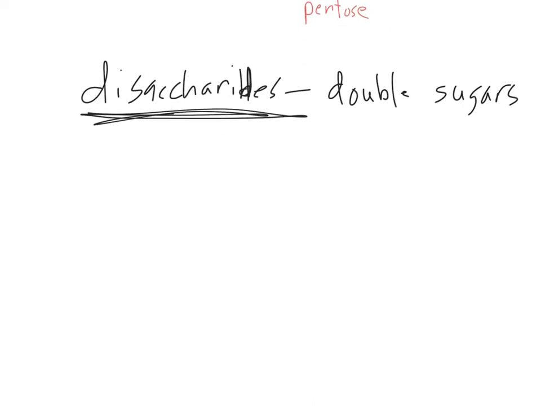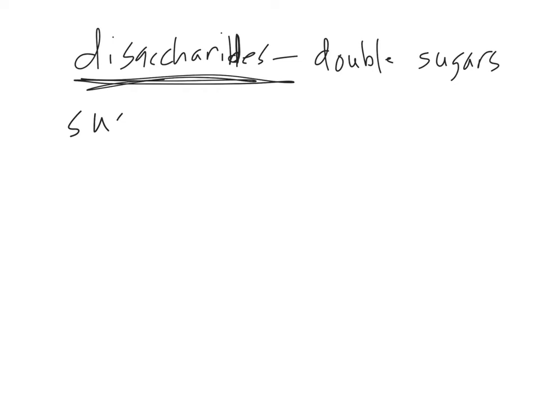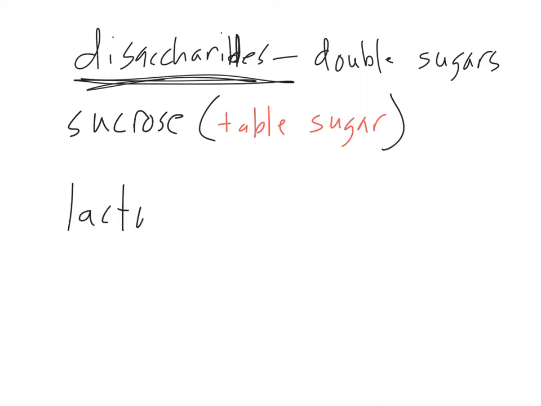We have sucrose, which is what we call table sugar. You go to the grocery store, you buy a 5-pound bag of sugar, you're buying 5 pounds of sucrose. You have lactose. Where do we find lactose in? Milk. We'll get to lactose intolerance. And then we have maltose.